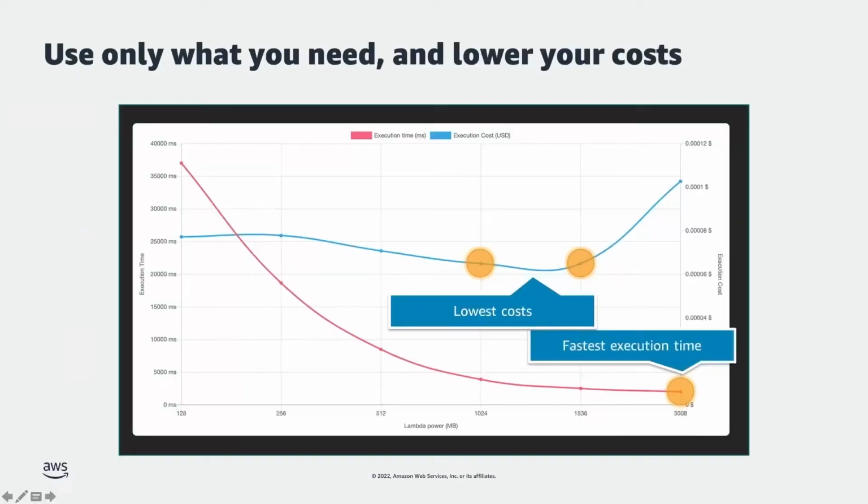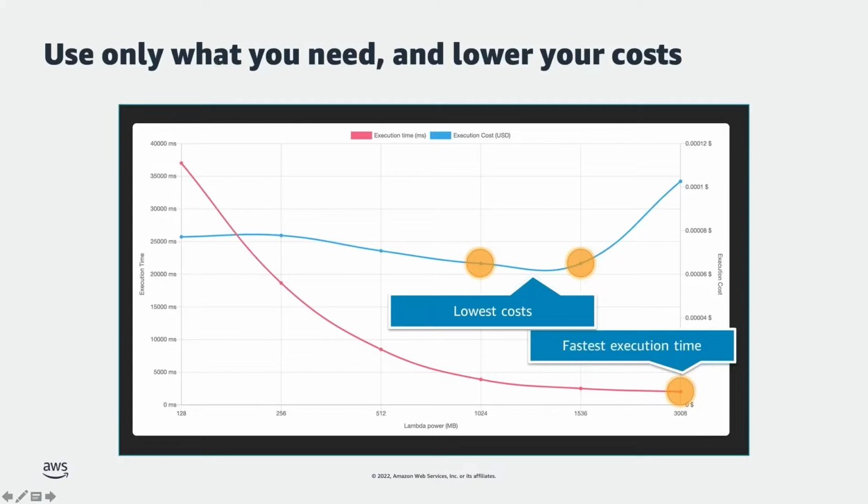To give you a little bit more explanation, AWS Lambda charges for the total amount of gigabyte-seconds consumed by a function, which is the product of the memory configured in gigabytes and the execution duration in seconds. And therefore, increasing the memory has an impact on the overall cost, assuming that the total duration stays constant.